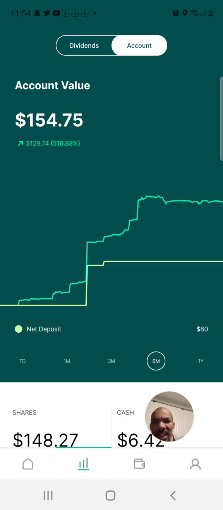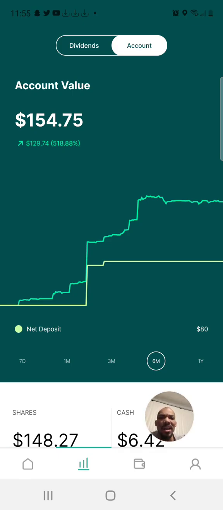It looks like for 6 months, I'm not exactly sure, I don't think that's right. I'm not sure how it got 518 percent, or how it's reading that. It says $129 there.